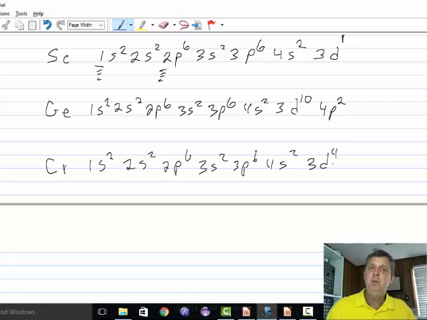That's what's expected. In real life, we can actually use spectroscopy to figure out how these electrons behave, look at the energy states that they occupy, and what we really have is 1s2, 2s2, 2p6, 3s2, 3p6.